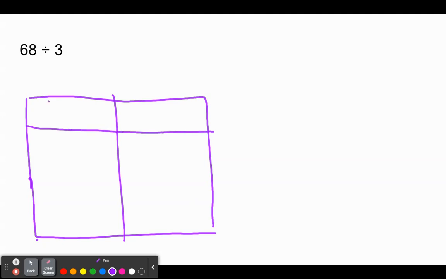I have 10s and 1s, right? Now I have 6 10s, so I'm going to draw my 6 10s. 1, 2, 3, 4, 5, 6. I have 8 1s. 1, 2, 3, 4, 5, 6, 7, 8.